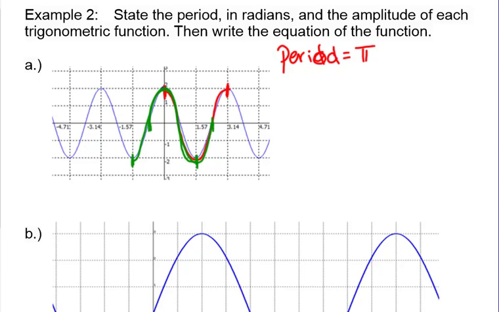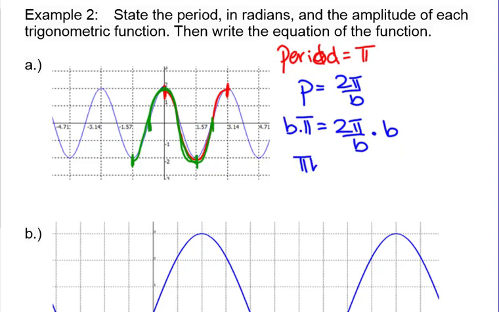So things we know is that the period of a function in radians is equal to 2 pi over b. Well, if we know that our period is equal to pi, we can solve for what our b is. So if we multiply both sides by b, we get pi b is equal to 2 pi. And if we divide both sides by pi, b is equal to 2.